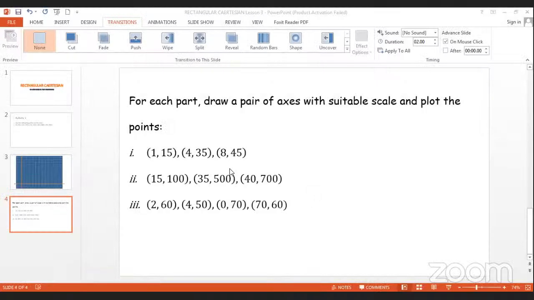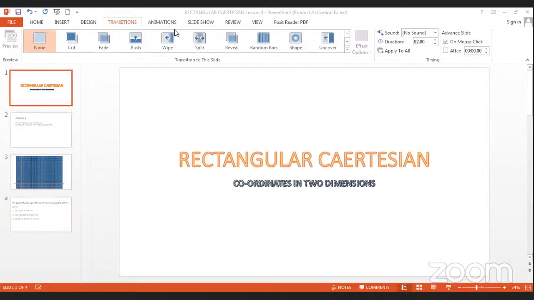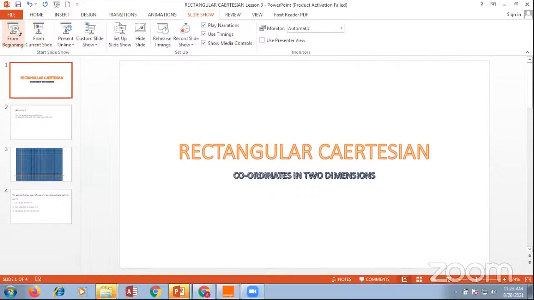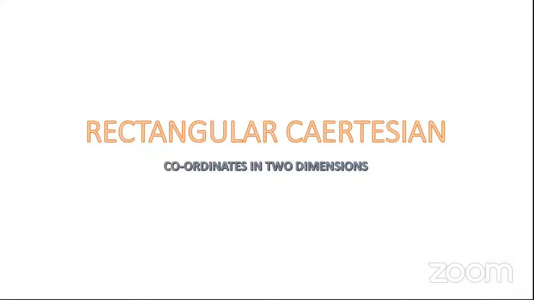So we are still supposed to plot our points, and then we obtain the scale that was used to draw it.